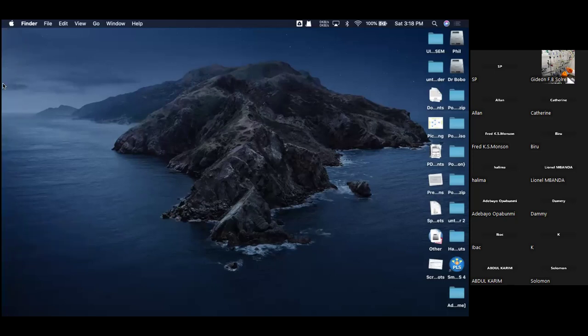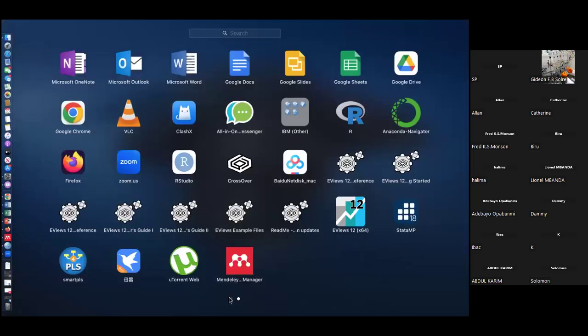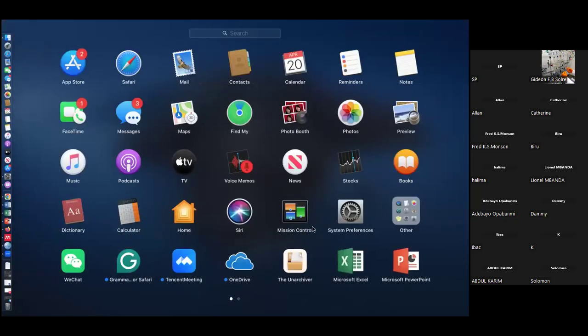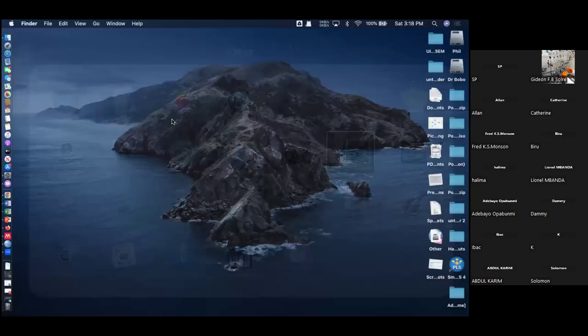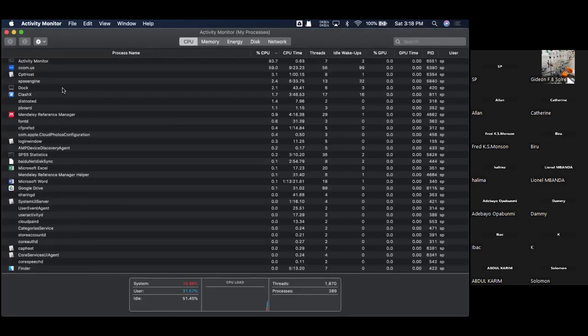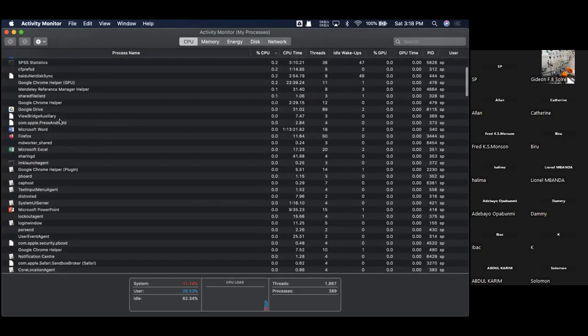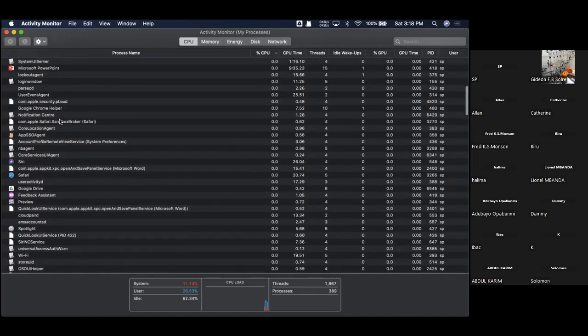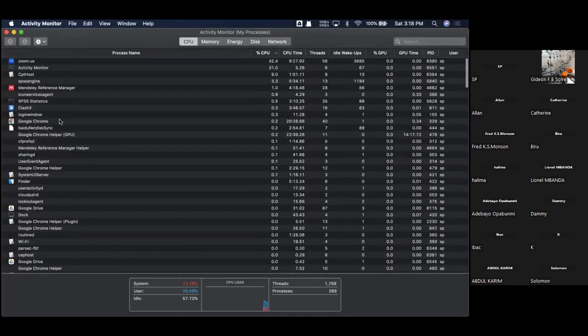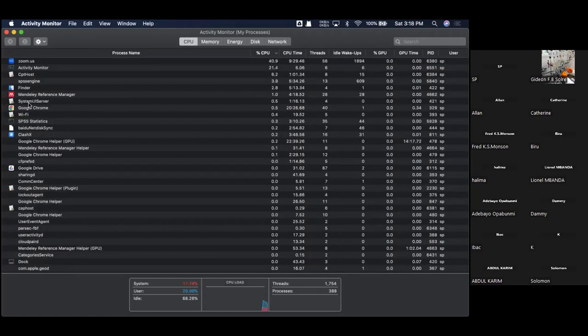A second, I don't know why it's not launching. Let me just quickly close this using the activity monitor. It's not there.